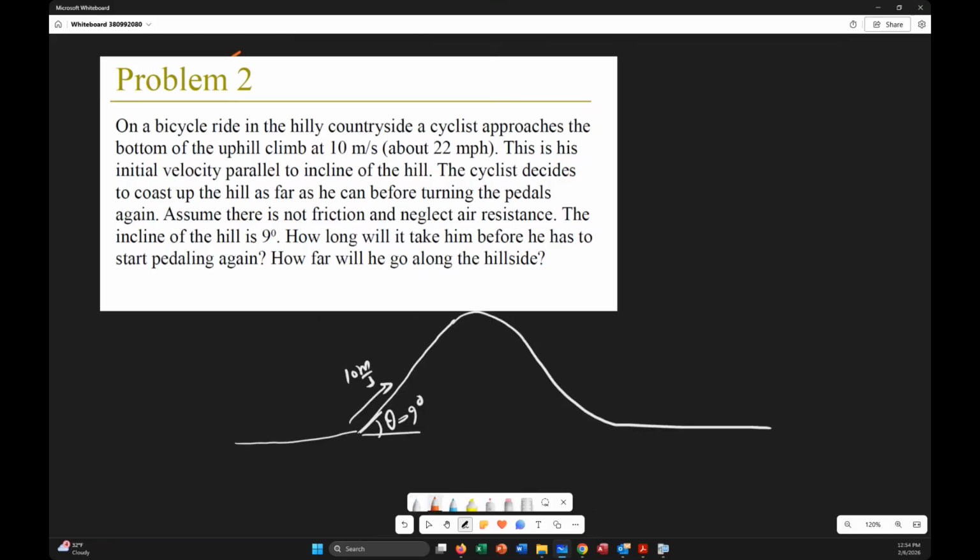It goes somewhere here. It may reach the top, or it may stop in the middle. But we know that the velocity at this point becomes almost 0. So how long does it take before he has to start pedaling again?